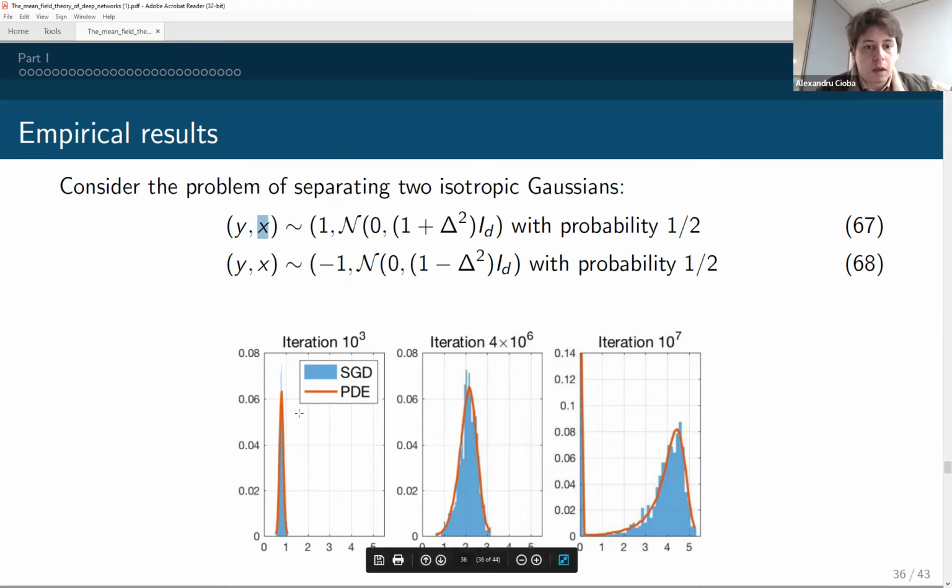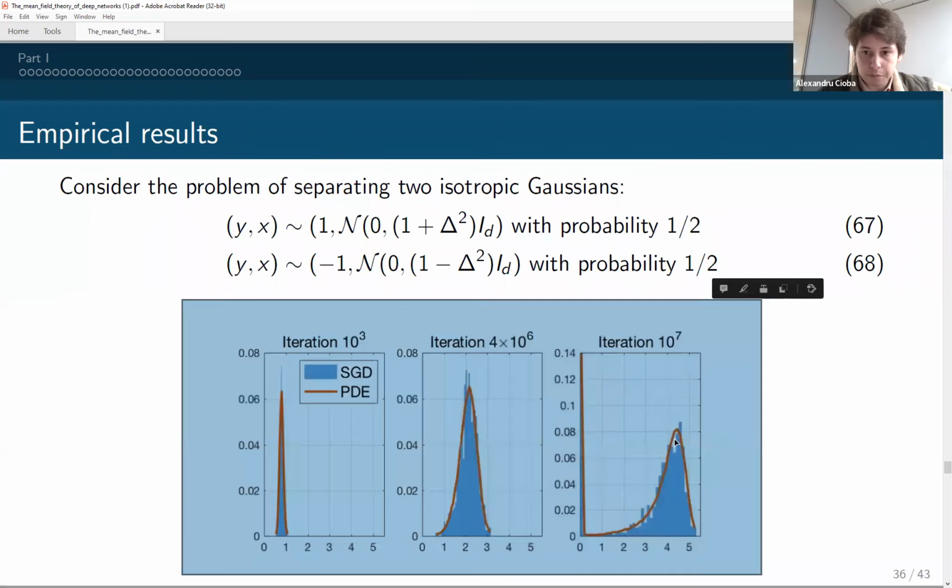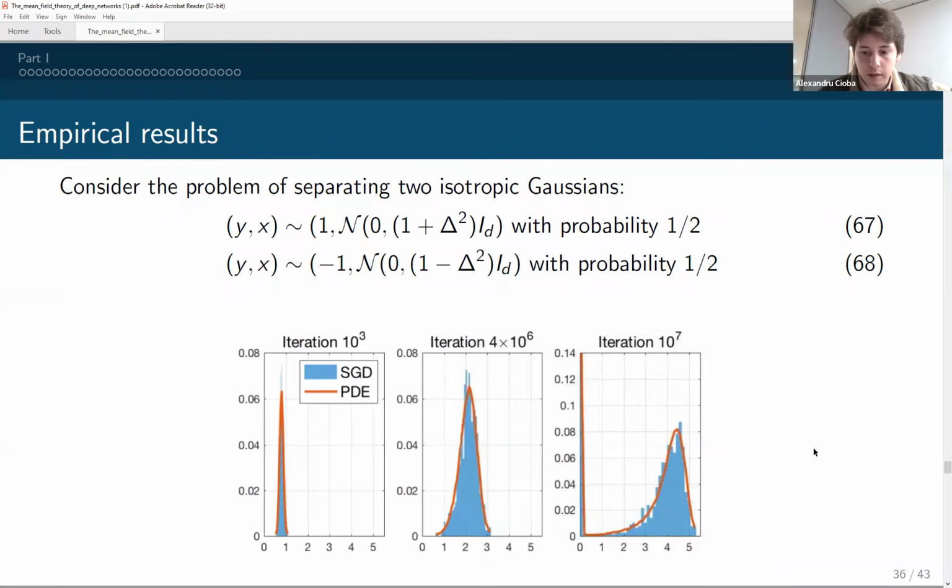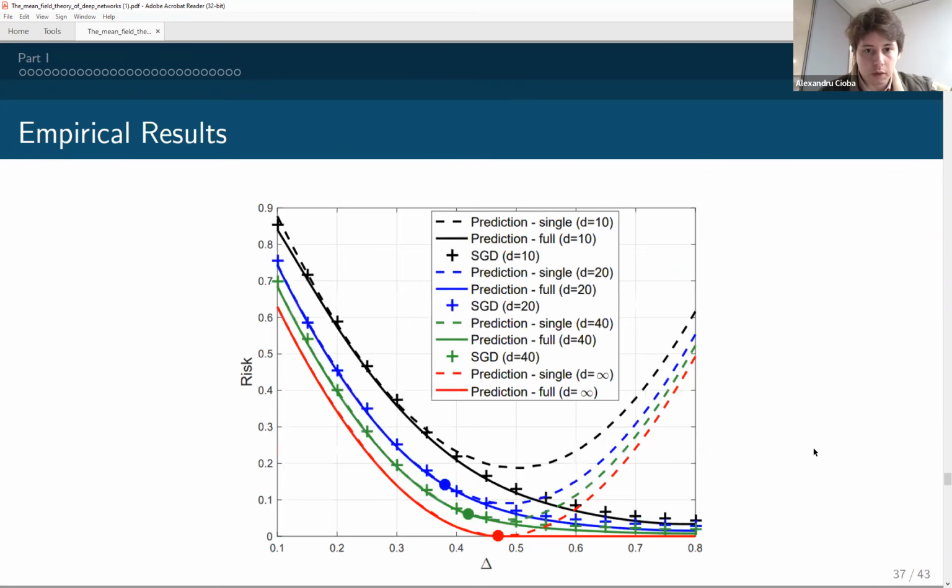And obviously, you see there's a good match between the empirical and the theoretical distribution. Even though these things look very different at individual time steps, the evolution stays consistent.